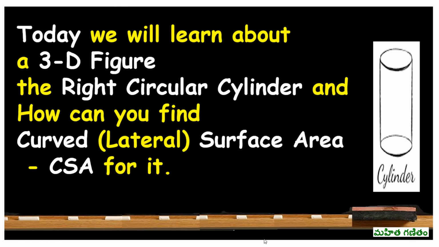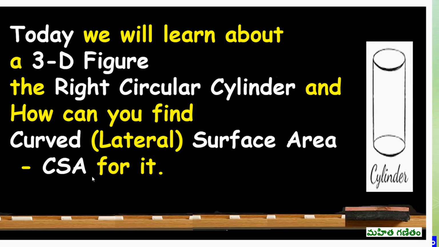Today, we will learn about a 3D figure, that is a right circular cylinder, and how to find its curved surface area. That is also called lateral surface area, CSA.